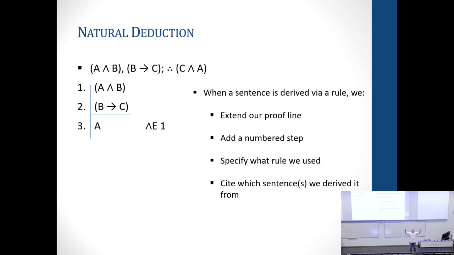Conjunction elimination. At this point, I exploited the conjunction in 1 to get one of the conjuncts. And I cite what sentence or sentences my rule used. Right? I used 1 to get one of its conjuncts. Cool. And what rule did I use to get it? I used conjunction elimination. So far, so good?